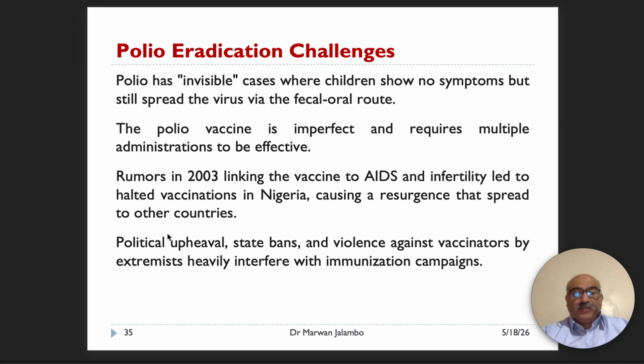Furthermore, political upheaval severely interferes with the work. In 2003, for example, a rumor in Nigeria that the vaccine caused AIDS or infertility led states to halt vaccination, causing a massive regional surge.